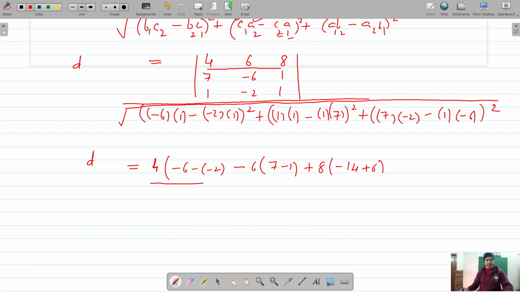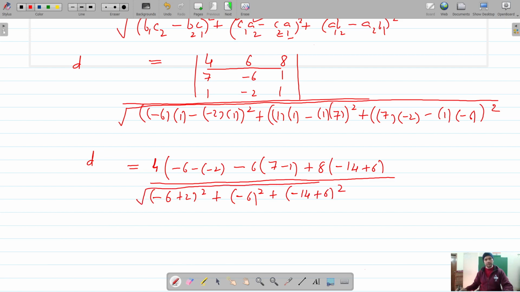Under the root, it's minus 6 plus 2 the whole square, plus 1 minus 7 which is minus 6 the whole square, plus minus 14 plus 6 the whole square.